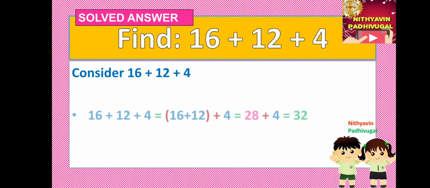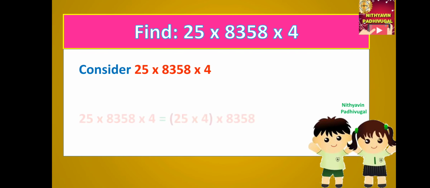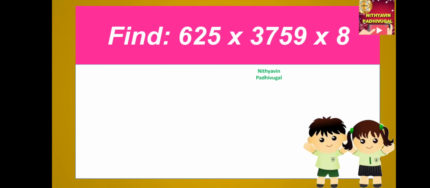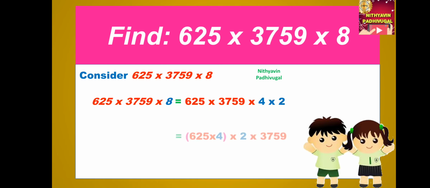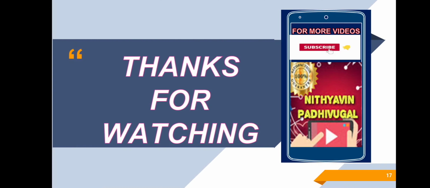In the same way we did for all the problems. So you have to write each and every step. Then only you will get to know which step is right, which step is wrong. Then only you can find out your incorrect steps easily. Don't forget to write each and every step. Don't be lazy. Keep practicing.